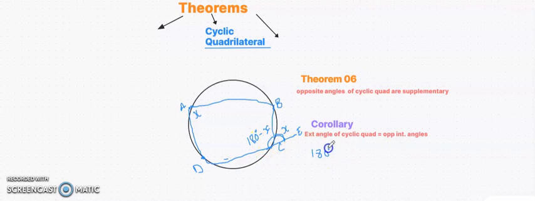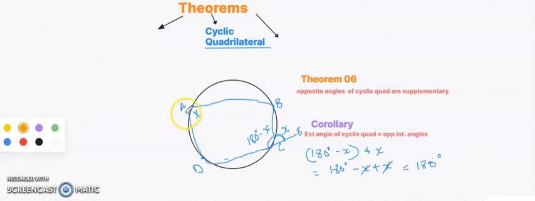So we have 180 degrees minus x plus x, and these x's cancel out. So the size of this angle is 180 degrees, which is the size of angles on a straight line. So this is angle x, and it follows that this is also angle x.